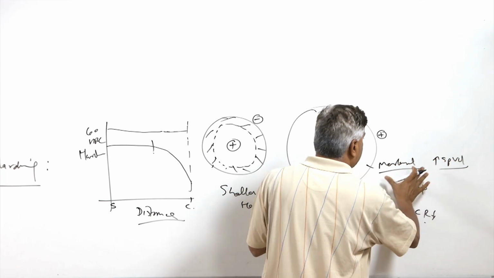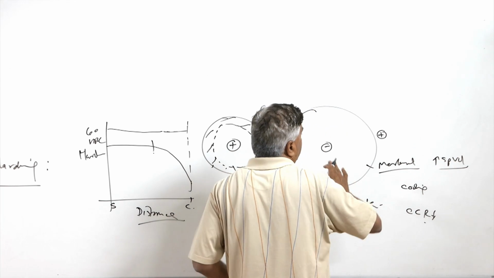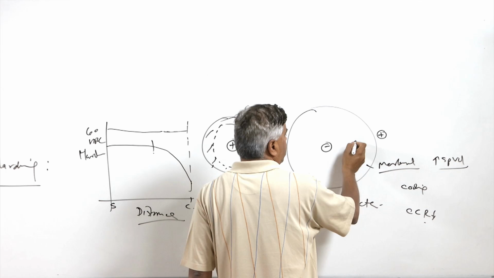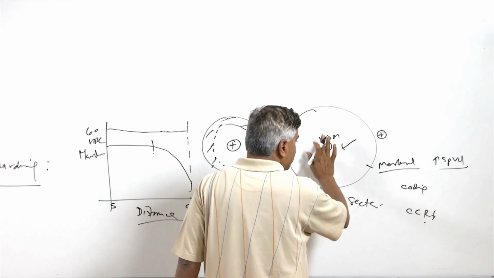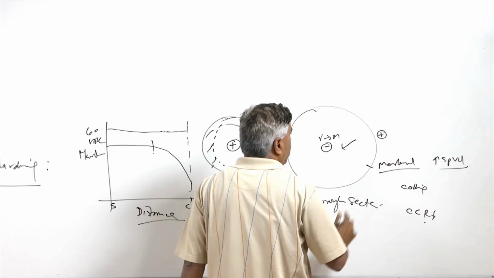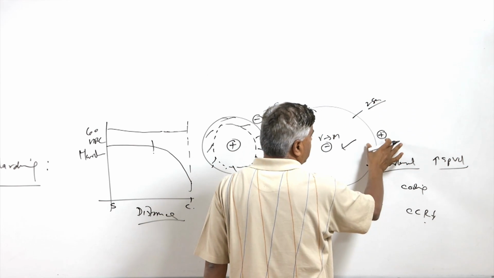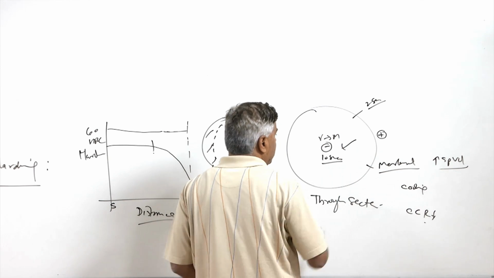Since it is very hard and brittle, when the transformation from austenite to martensite occurs at the center subsequently, because, say, in quenching, just within 2 seconds the transformation is occurring at the surface, and after 10 seconds the transformation is occurring at the middle.